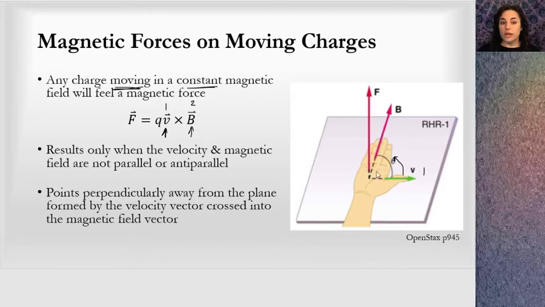When you get those lined up, that third dimension created by your palm is going to be the direction of the force, okay? So here I would call the velocity to the right. The B field is going into the page, and the force is upward, okay?